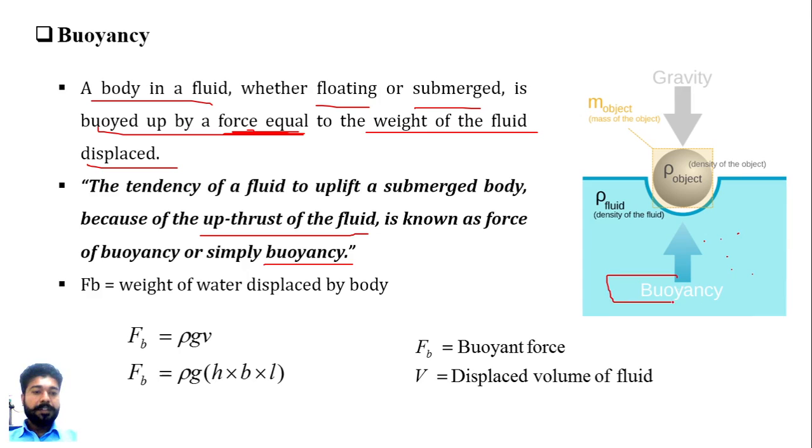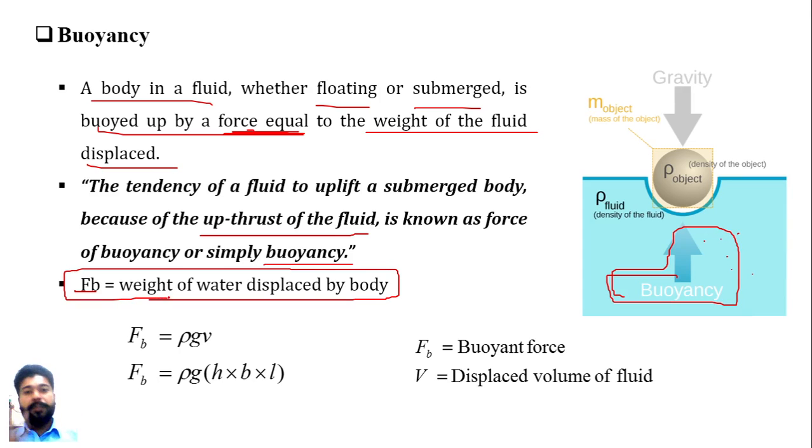So over here you can see that due to this force of buoyancy, any body can float on the free surface of liquid, but whenever there is an increase in the density of that body, at that time it will sink in the liquid. Okay, so Fb, the buoyant force, equals the weight of water displaced by the body.